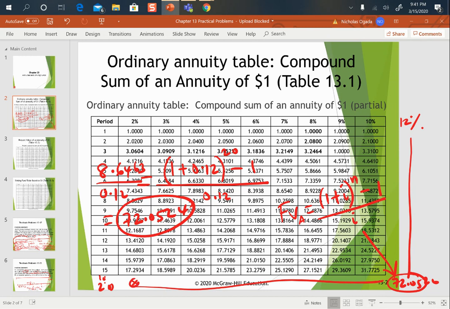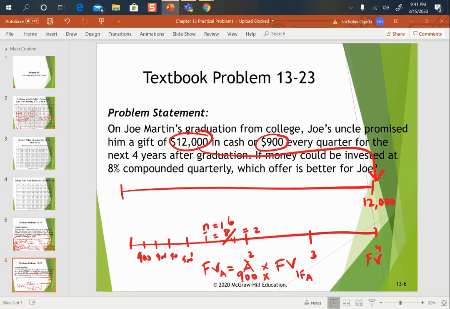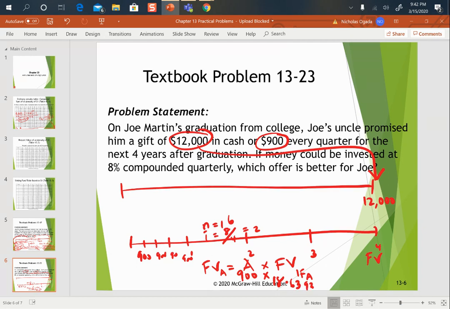Again, if I go to my table and look at 2% and I look at 16, I find the future value interest factor to be 18.6393.